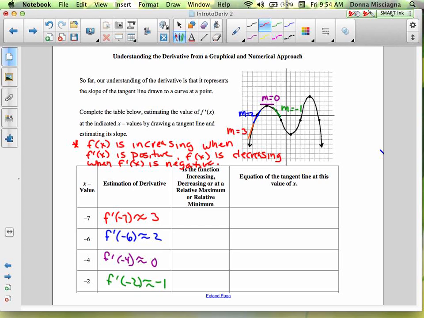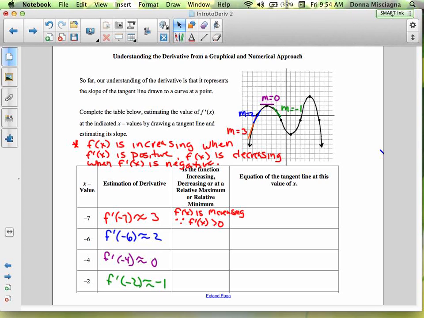All right, so f prime of negative 7 was approximately 3. So here, f of x is increasing, and this is the symbol for because, f prime of x is greater than 0. We can say it nice and succinctly.